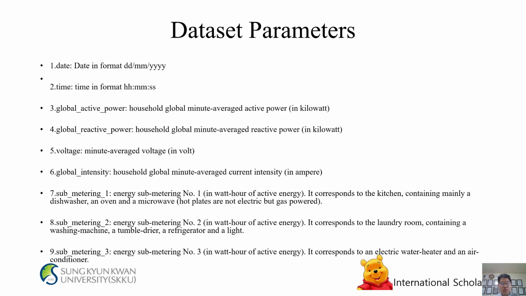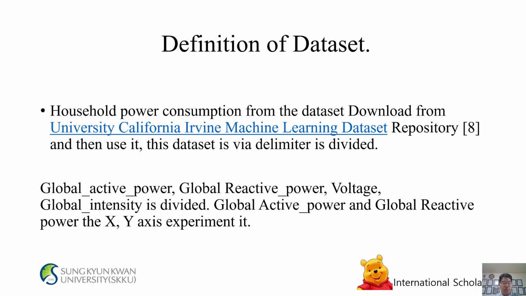It corresponds to the laundry room, containing a washing machine, a tumble dryer, a refrigerator, and a light. Number 9, submetering 3. Energy submetering number 3, in watt-hour of active energy. It corresponds to an electric water heater and an air conditioner.